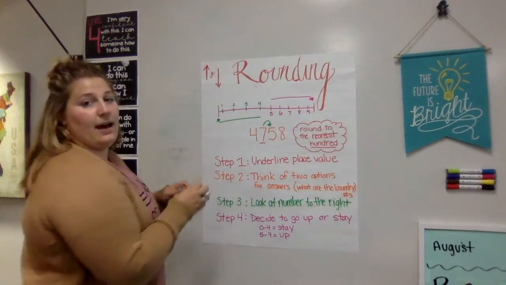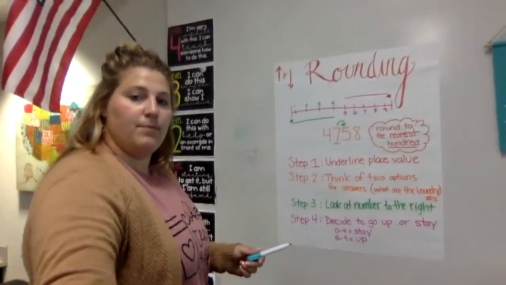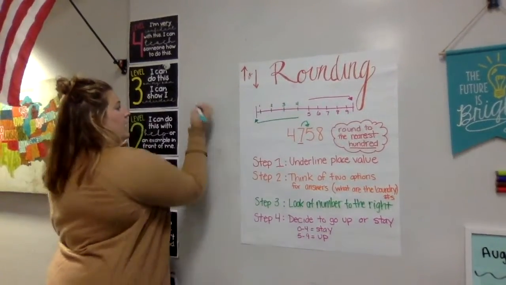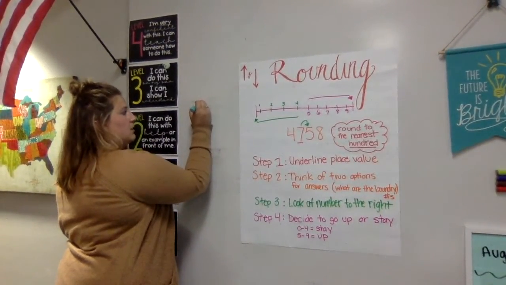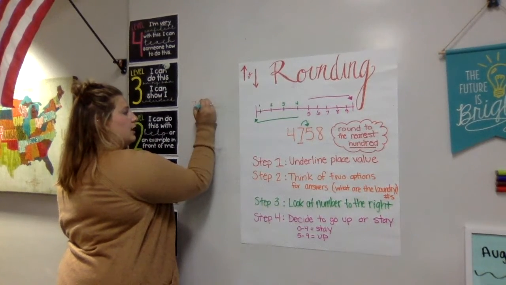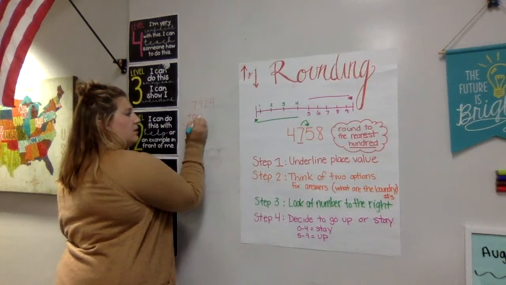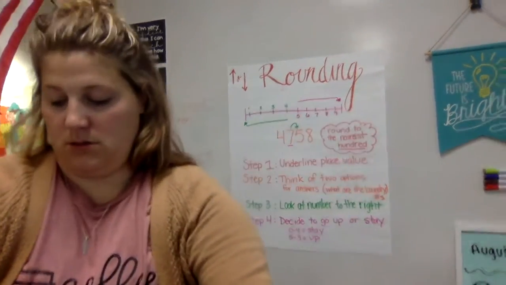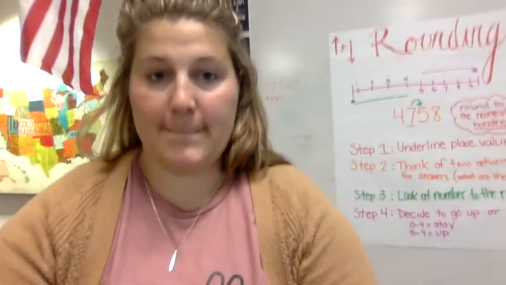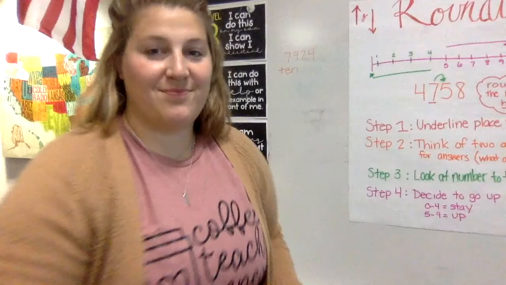So let's say I have, so you guys can still see that angle just a little bit. Let's say that I have 7,924, and I'm rounding to the nearest 10. It's hard for you guys to see. There we go.